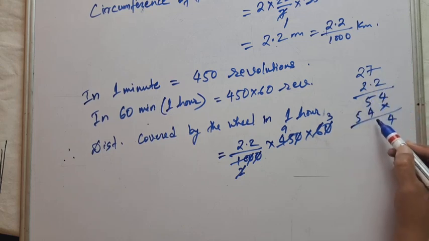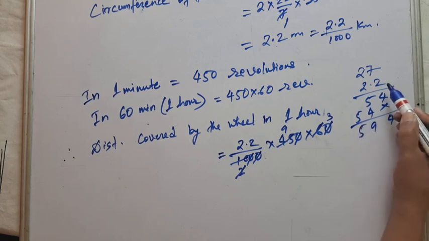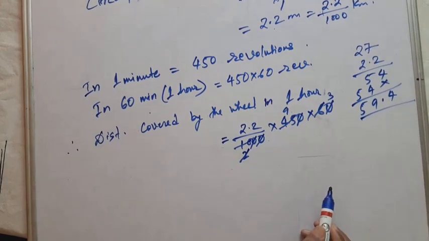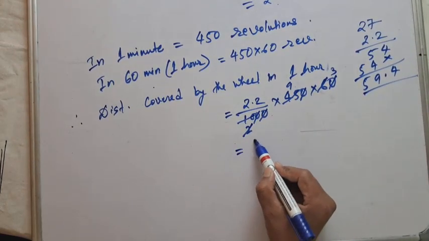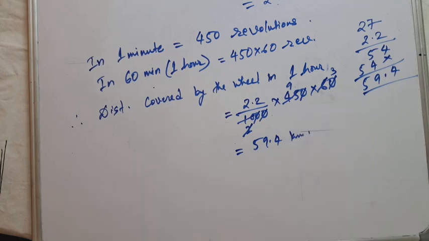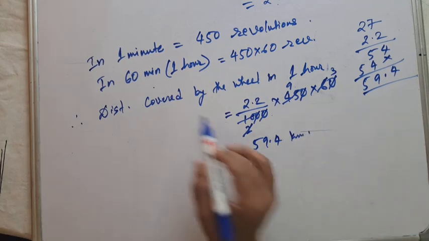So 5 plus 4 is 9, there's 5. We have a decimal point before one digit, so let's put this decimal point. 59.4 kilometer, isn't it? So this is the distance covered in 1 hour.